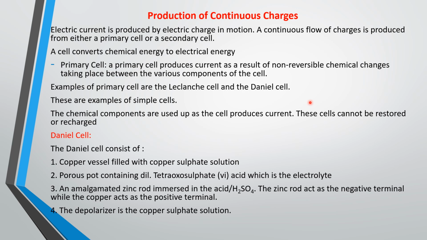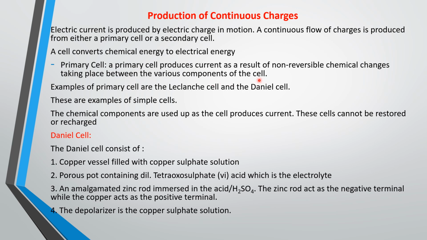So we have two types of cell actually. We have the primary cell, and then we also have the secondary cell. The primary cell produces current as a result of non-reversible chemical changes taking place between the various components of the cell.